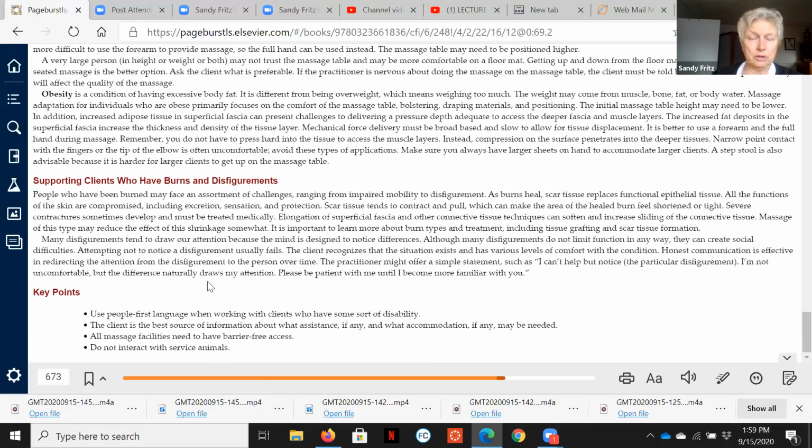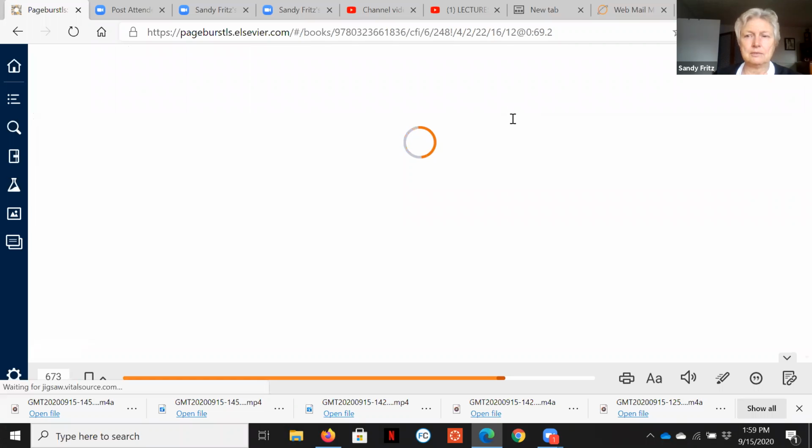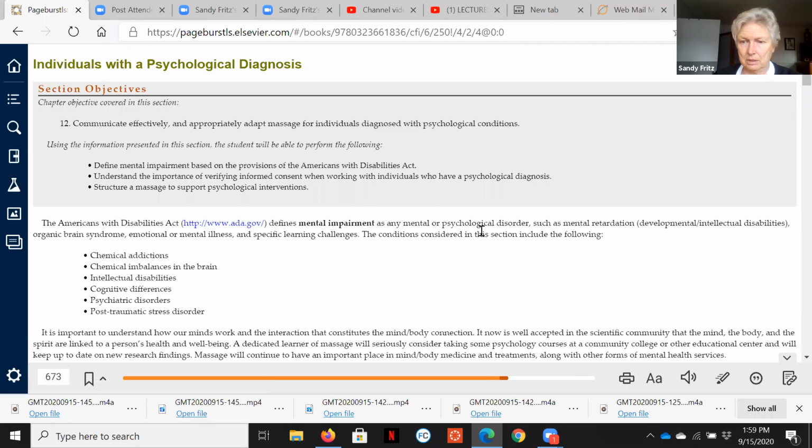It is a learning curve, and it is an experiential curve, and it's part of exposure. Okay, diversity and differences is okay. All right. So make sure you read your key points, and let's see what we've got next.